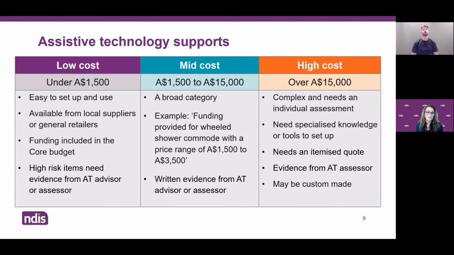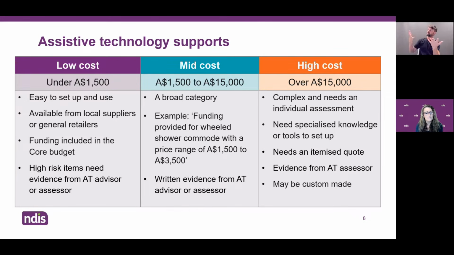We make decisions about including AT in a plan based on the cost of the item. We put the cost of assistive technology into 3 categories. Low cost AT is under $1,500 per item. Low-cost items are easy to set up and use and available from local suppliers.